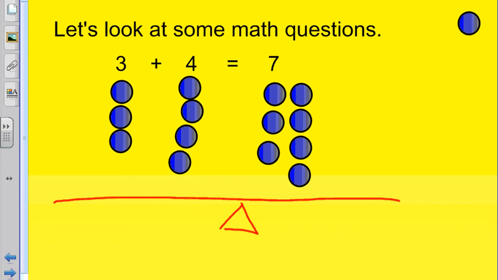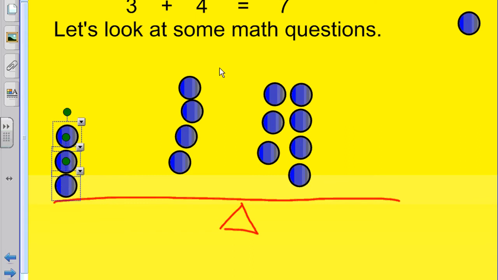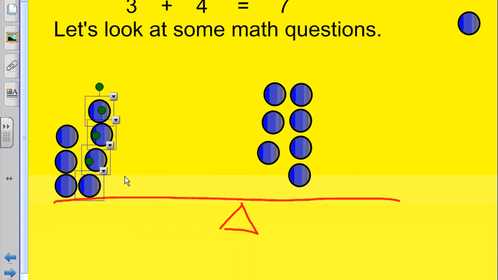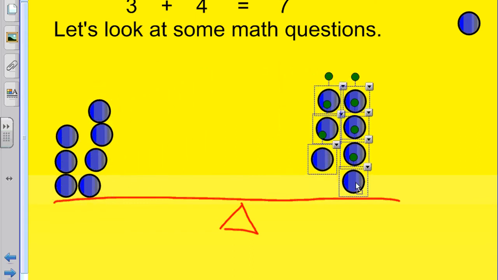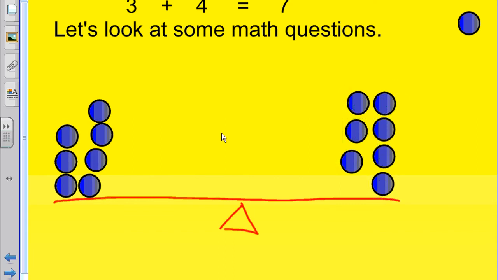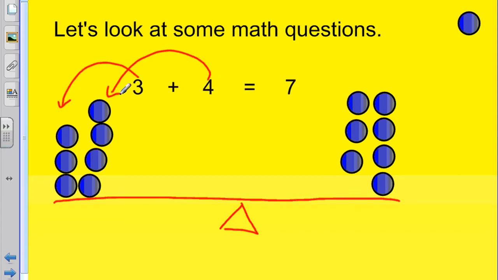If I take these 7 things and put them over there, this is an equation. It means that these 3 and these 4 balance with these 7, because they're the same amount. That is what this equation means.